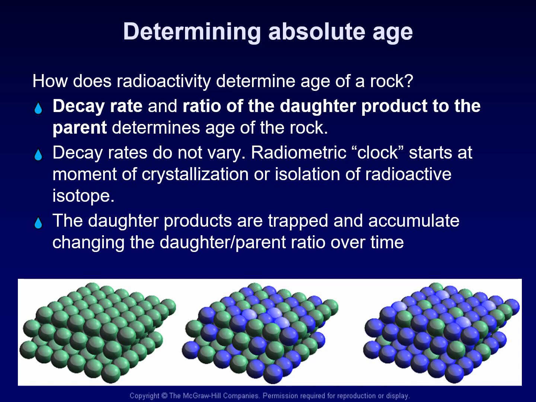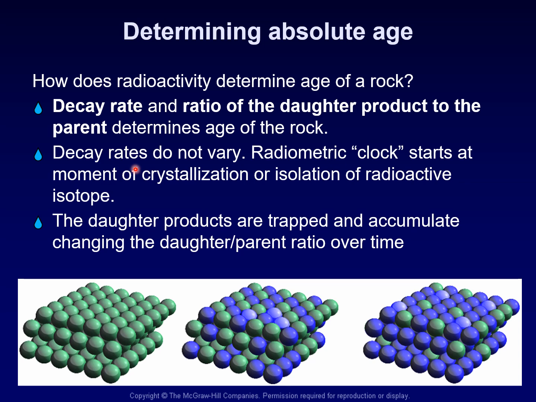So to determine the absolute age using this method, how does radioactivity determine the age of a rock? Well, the decay rate and ratio of the daughter product to the parent is what actually determines the age of the rock. What's very important here is that decay rates don't vary, okay?